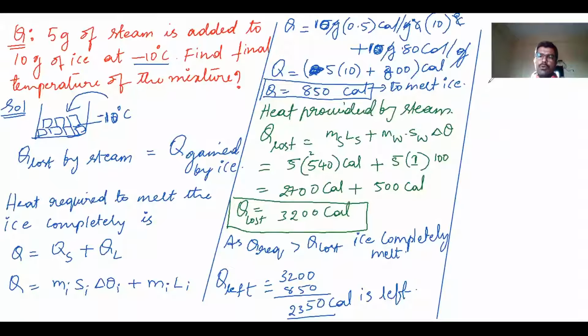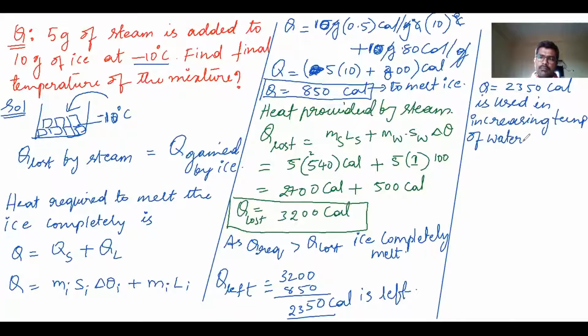So Q is equal to 2350 calorie is used in increasing the temperature of water from 0 degrees Celsius to 100 degrees Celsius.